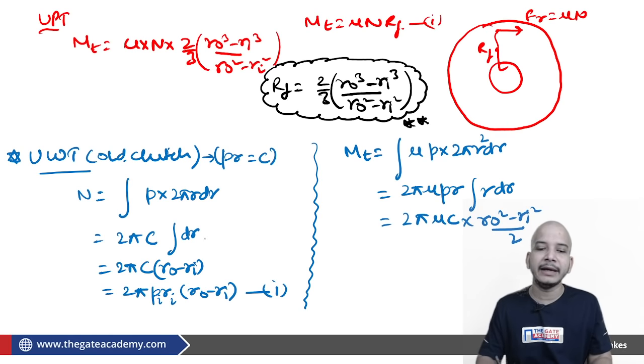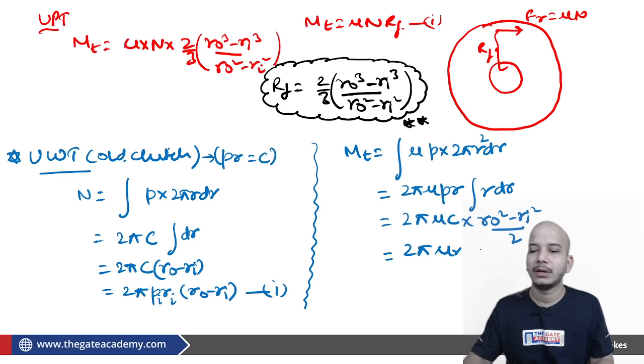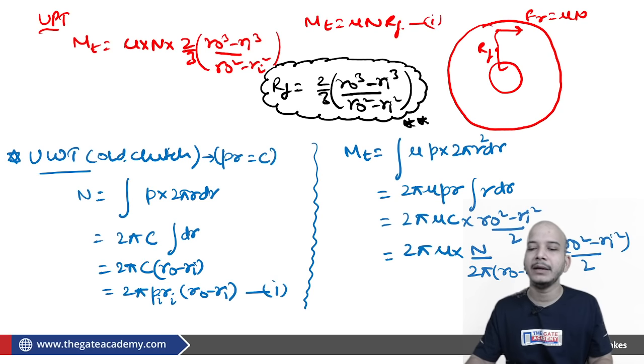C you can write in terms of n or W, whatever you want to say. So this will become 2 pi mu into n upon 2 pi RO minus RI into RO square minus RI square by 2. From here you can write that, okay, this pi will cancel out.